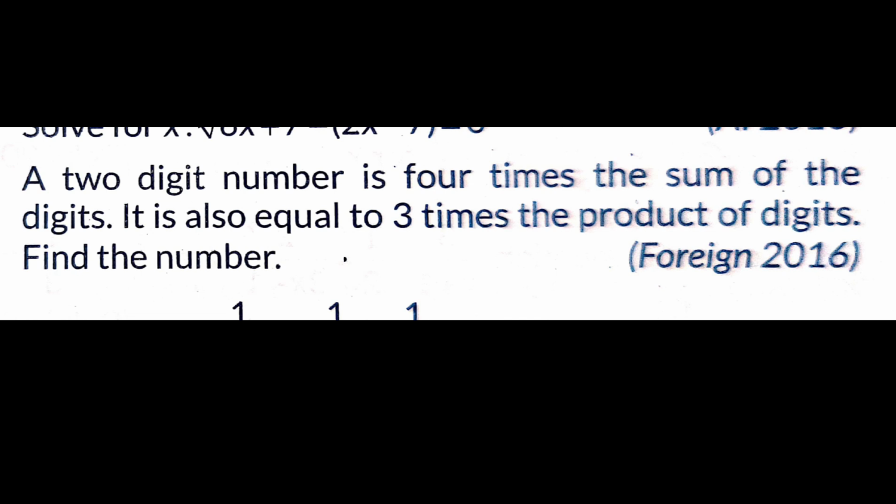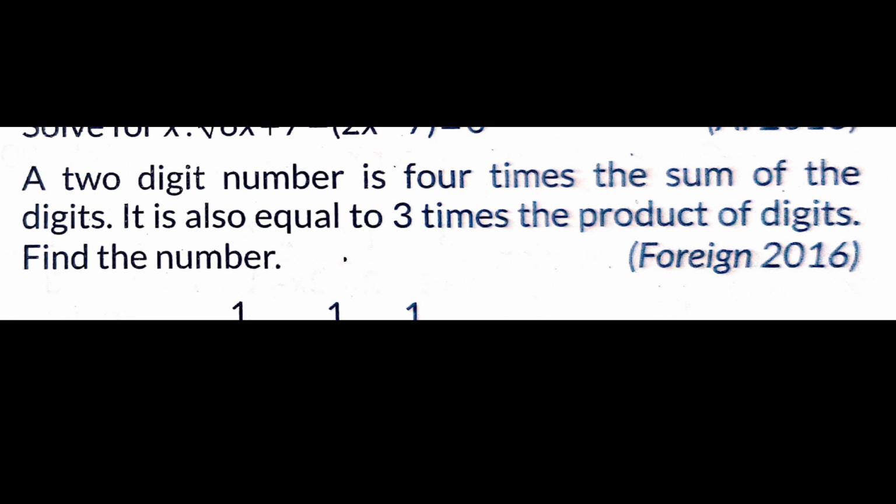It says that a 2-digit number is 4 times the sum of the digits and it is also equal to 3 times the product of the digits. Find the number. Pause the video and try to solve on your own.